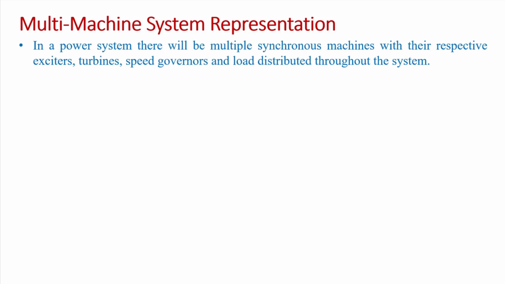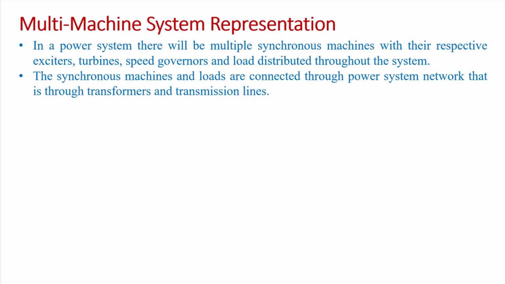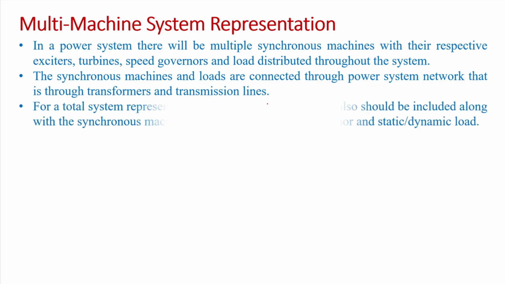So in a power system, there will be multiple synchronous machines with their respective exciters, turbines, speed governors, and loads distributed throughout the system. So all these components we have in the system. The synchronous machines and loads are connected through the power system network, that is, through the transformers and transmission lines.